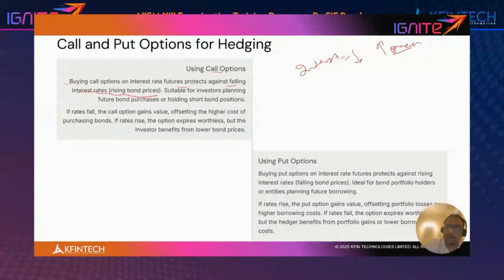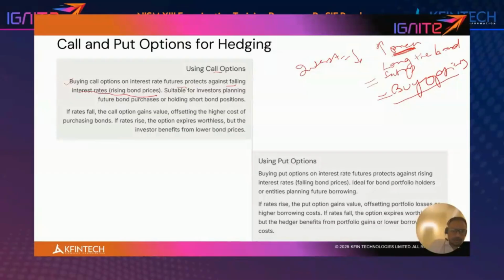If you know that the prices of the bonds are going to go up, you will long the bond. You can long the bond in two ways: either enter into a futures or you can buy the option. Buy means long the options. If the rate falls, the call option gains value, offsetting the higher cost of purchasing.